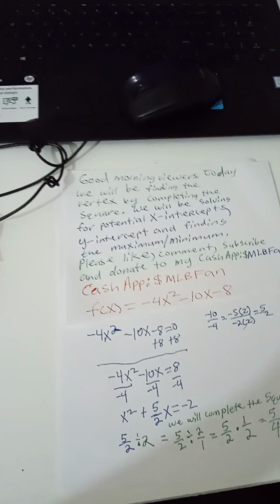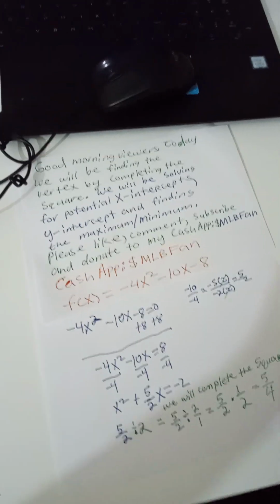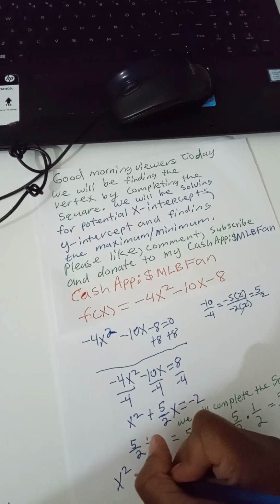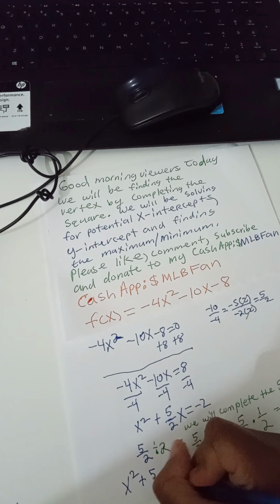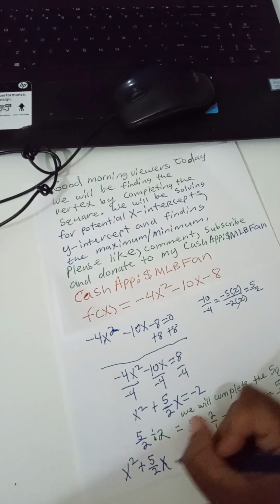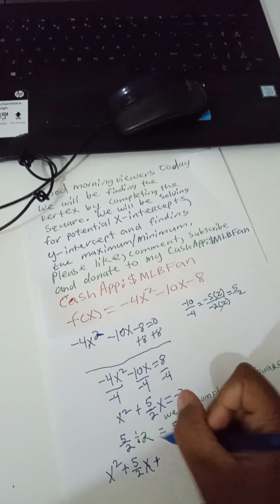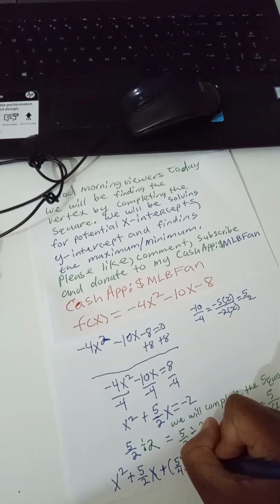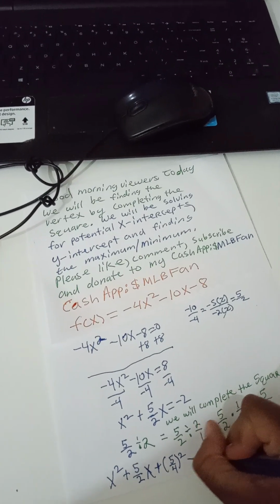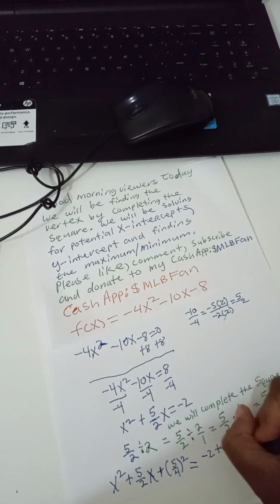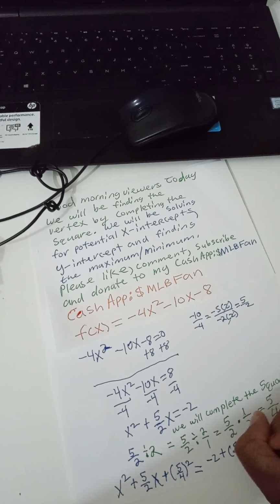So now we can rewrite this as x squared plus 5 halves x plus 5/4 squared is equal to negative 2 plus 5/4 squared.